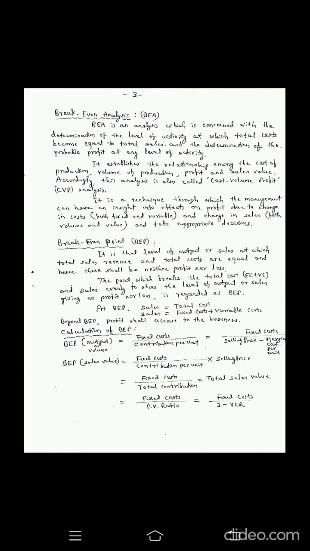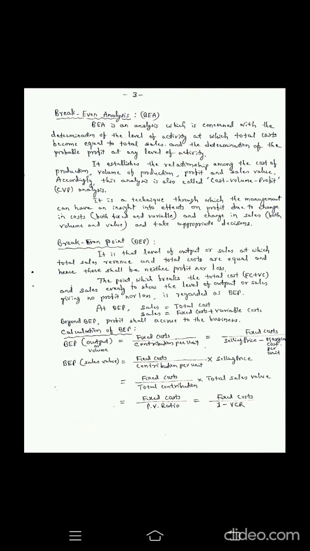It will give us break-even point in terms of value. Or, depending upon the available information, we have to compute by applying the following formula. BEP in terms of value is equal to fixed cost divided by contribution per unit into selling price, or fixed cost divided by total contribution into total sales value.